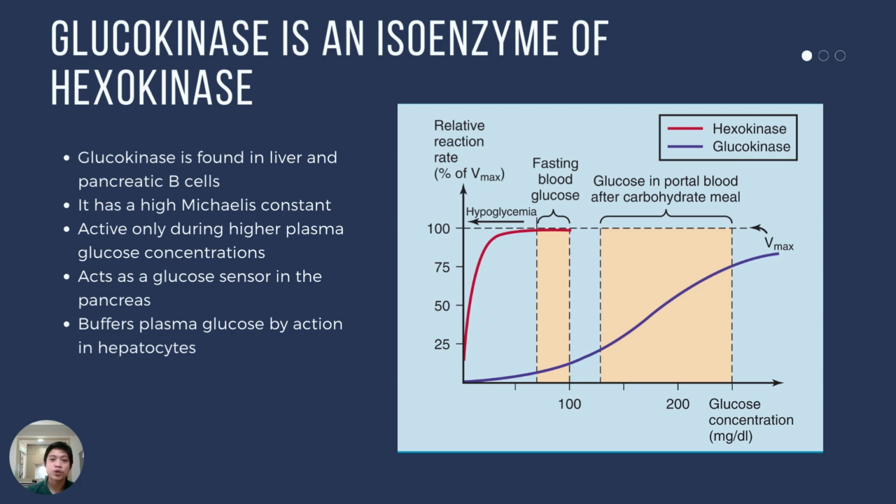In the liver, glucokinase acts as a glucose buffer. So, whenever you have taken a meal and the portal blood has high levels of glucose, this will mean that in the liver cells, glucokinase will be active.